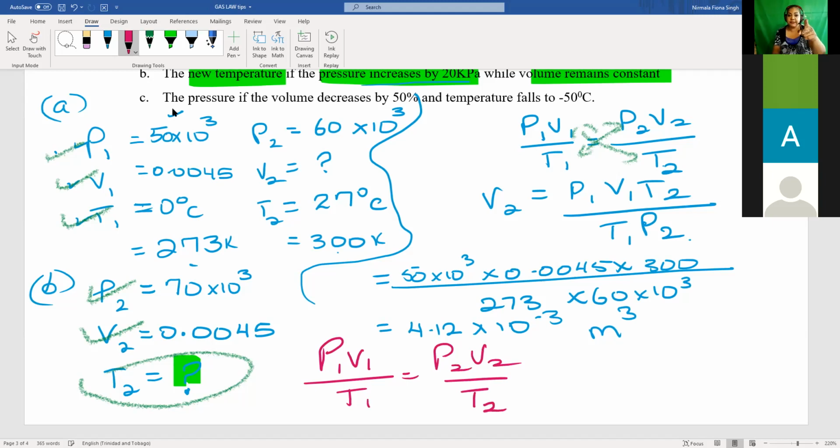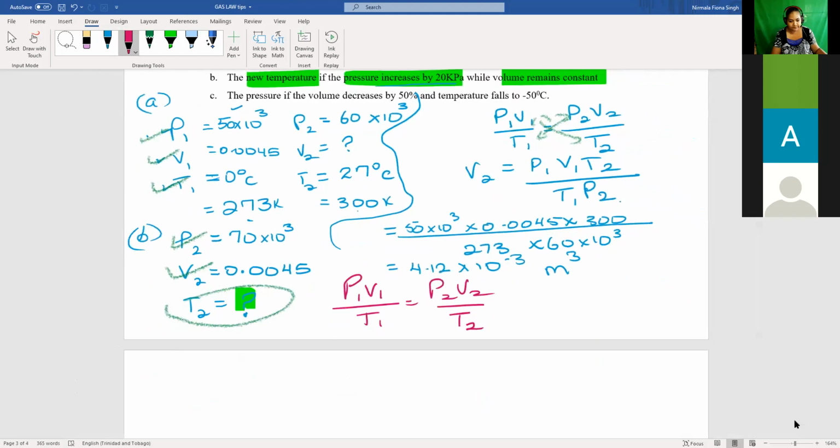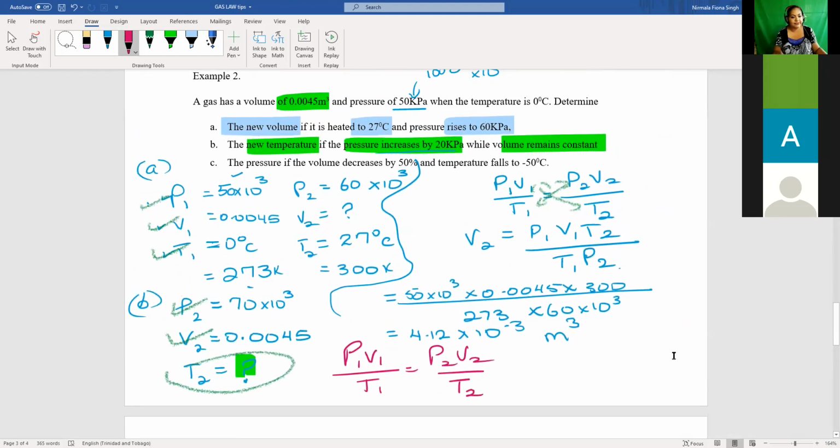But we can make life simple. What did we say is remaining constant in part B? What is constant in part B? Volume.